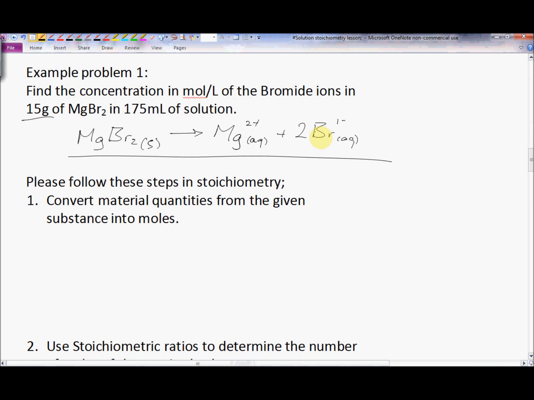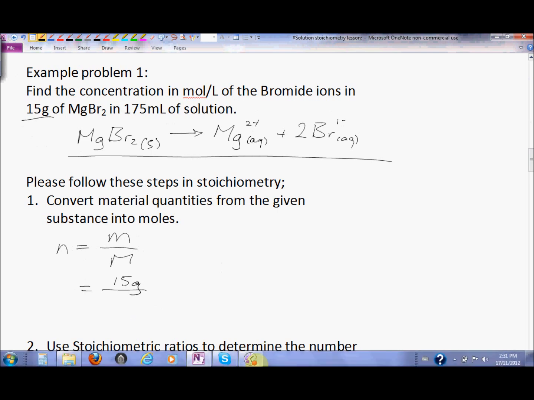Okay, so first of all we're going to convert to moles. So in this case moles, N, is equal to the mass divided by the molar mass. In other words, this is going to be 15 grams divided by the molar mass of magnesium bromide.